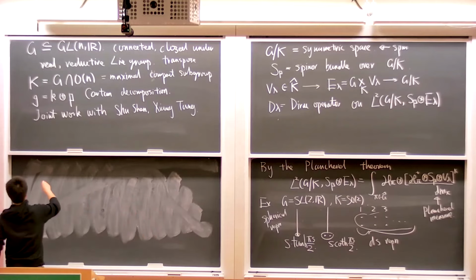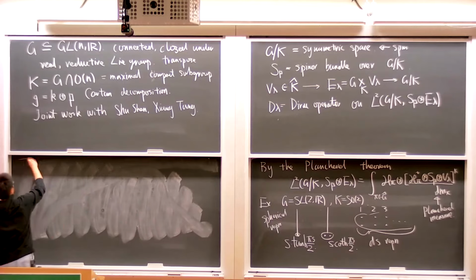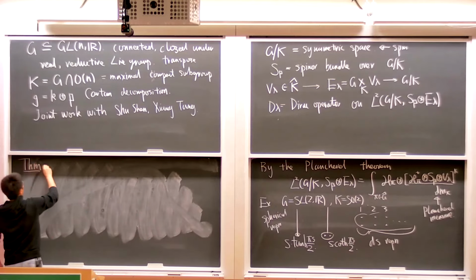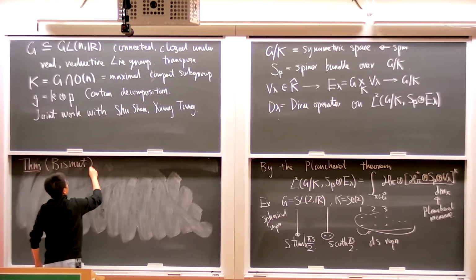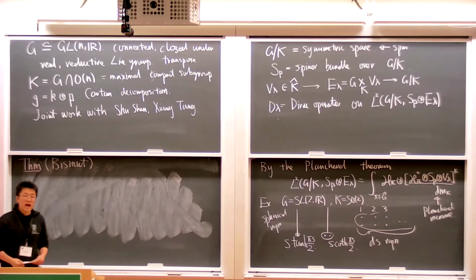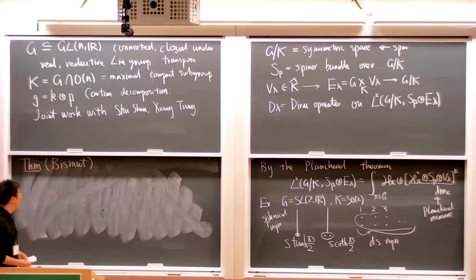Instead of the Atiyah-Singer index theorem, I'm going to use a formula given by Bismut. By studying hypoelliptic operators on the symmetric space, Bismut developed a geometric index formula not for elliptic operators, but for hypoelliptic operators. I will write down what the formula looks like.